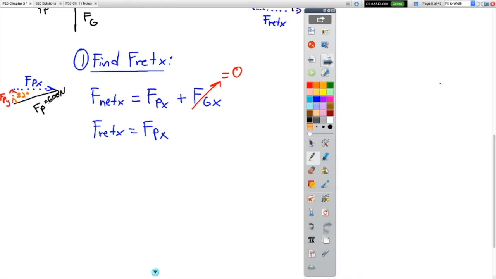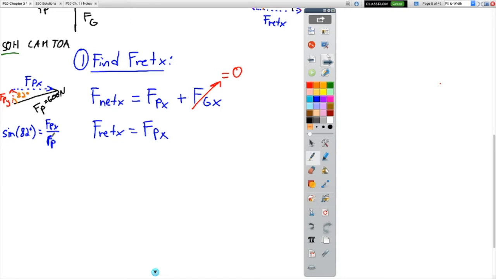If we think about SOHCAHTOA, we've got hypotenuse, we want opposite, so it looks like sine is our trig ratio here that's going to help us out. Then we have that sine of 82 degrees equals opposite, Phil's x component, over hypotenuse, Phil's total force, okay?